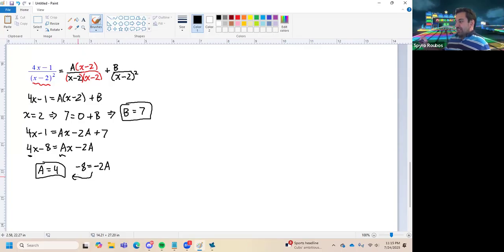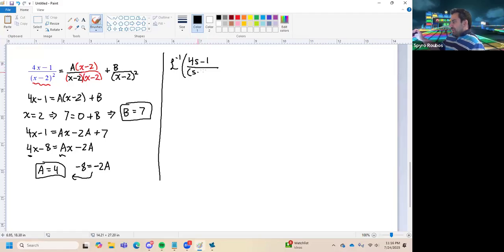It doesn't change anything. And so, again, what would be the point if we had the inverse Laplace of (4s minus 1) over (s minus 2) squared?